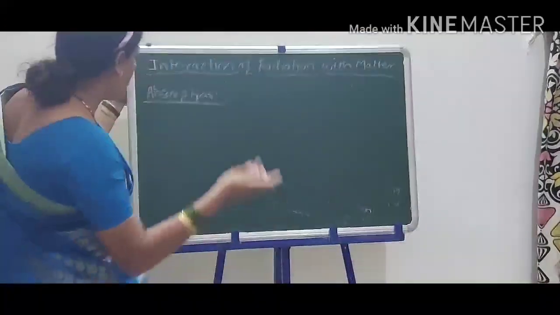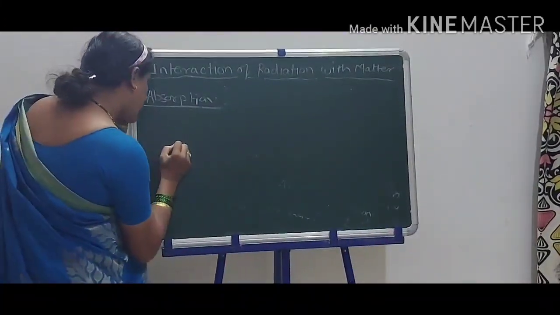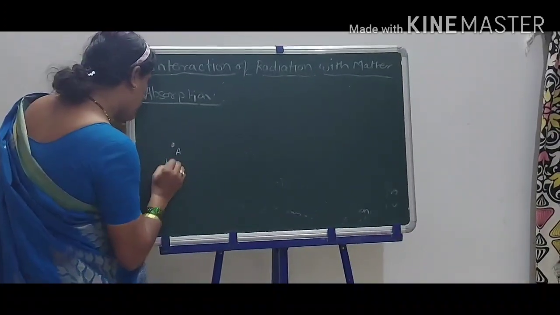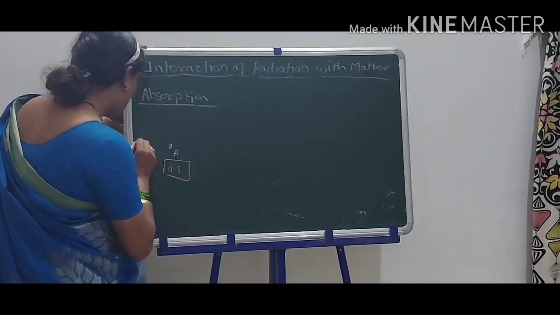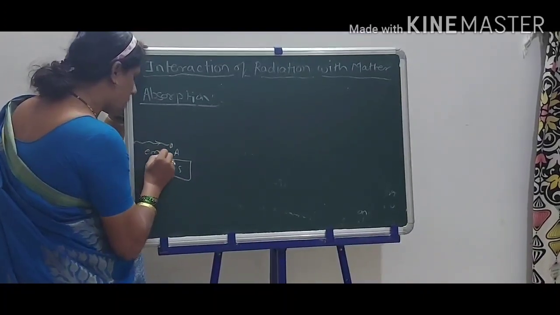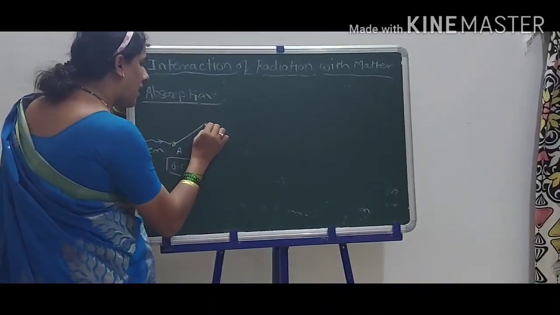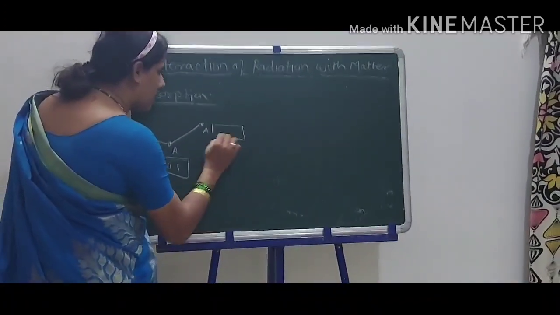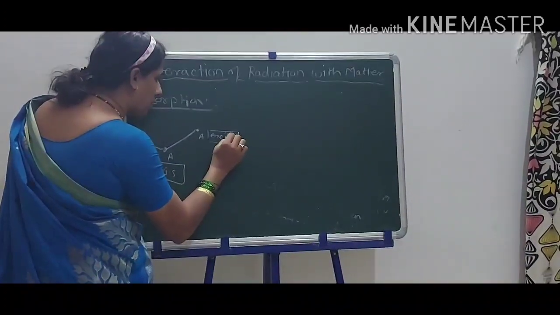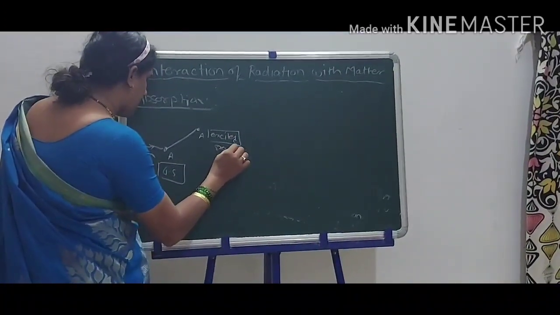We have the equation. Suppose this is the atom A in the ground state. When it absorbs electromagnetic radiations, it transfers into a higher energy level. It is called the excited state.